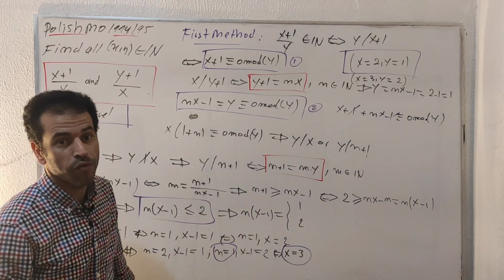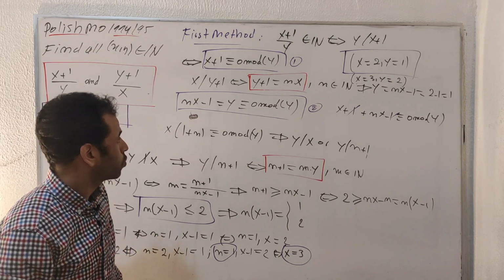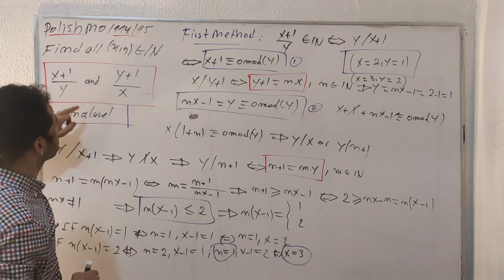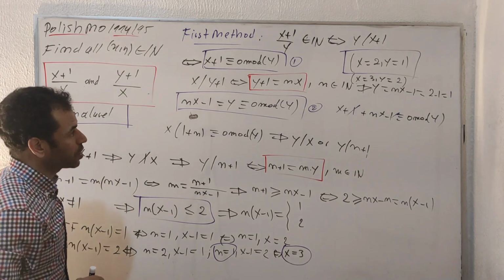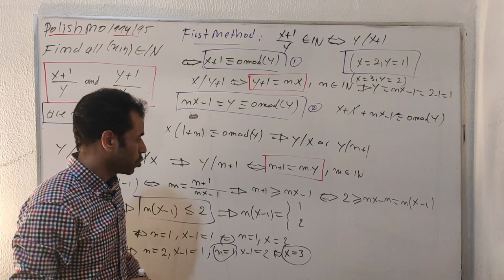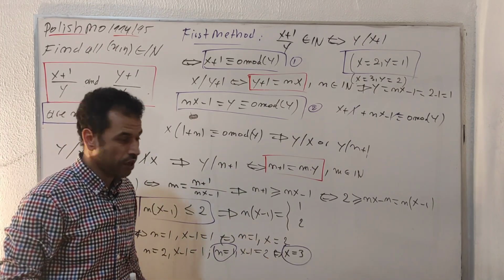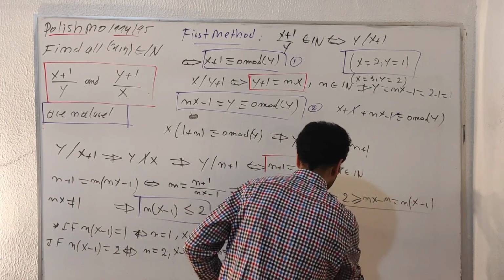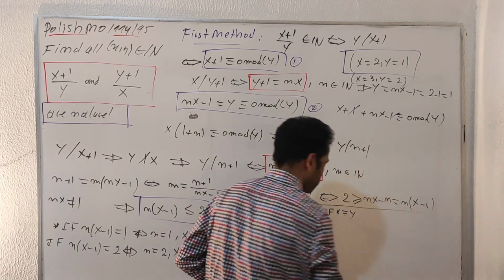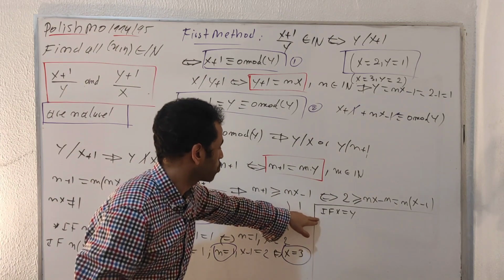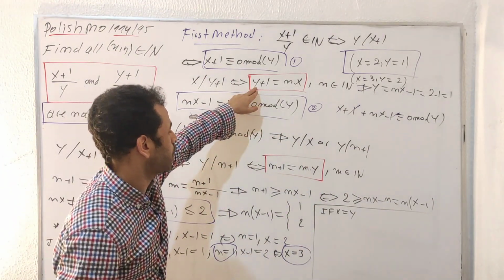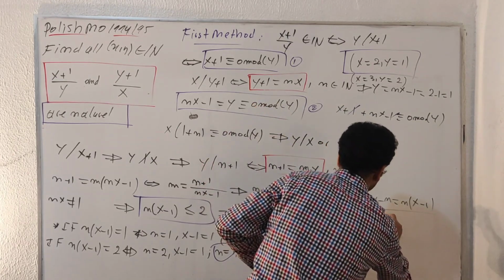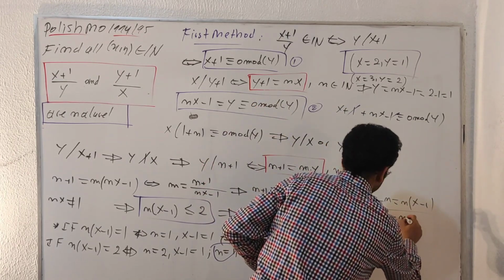But we have another case left, as you know, we have a symmetry here. We forgot to check another case. What about if x equals y? If x equals y, I'm simply going to replace y with x here. So this one, equivalent x plus 1 equals nx.